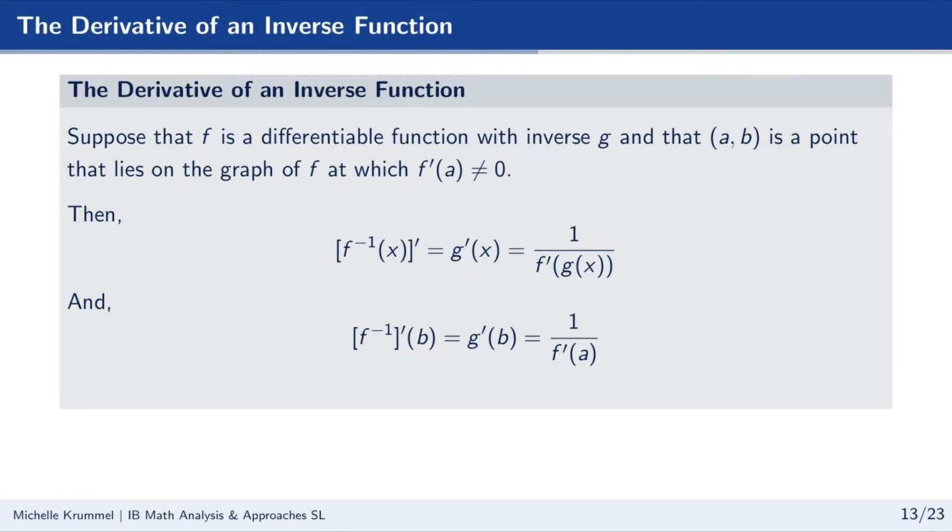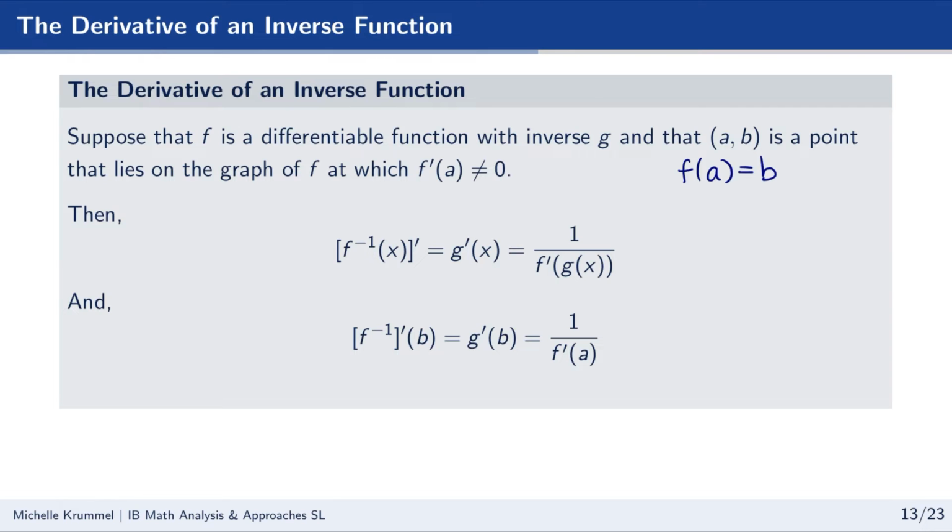So let's look at our definition for the derivative of an inverse function. Suppose that f is a differentiable function with inverse g, and that (a, b) is a point that lies on the graph of f. So to be clear about that, when we say that the point (a, b) is on the graph of f, we're saying that f of a equals b. That's what that means.